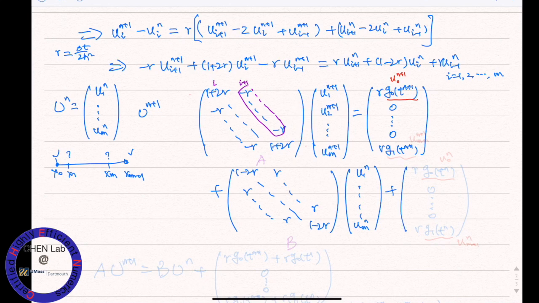When i is 1, we had the u_0^n, so it's r g_0 at t_n, then 0, 0, and then r g_1 at t_n. So again, this is our u_0^n, that's our u_{m+1}^n, and that's u_{m+1}^{n+1}.